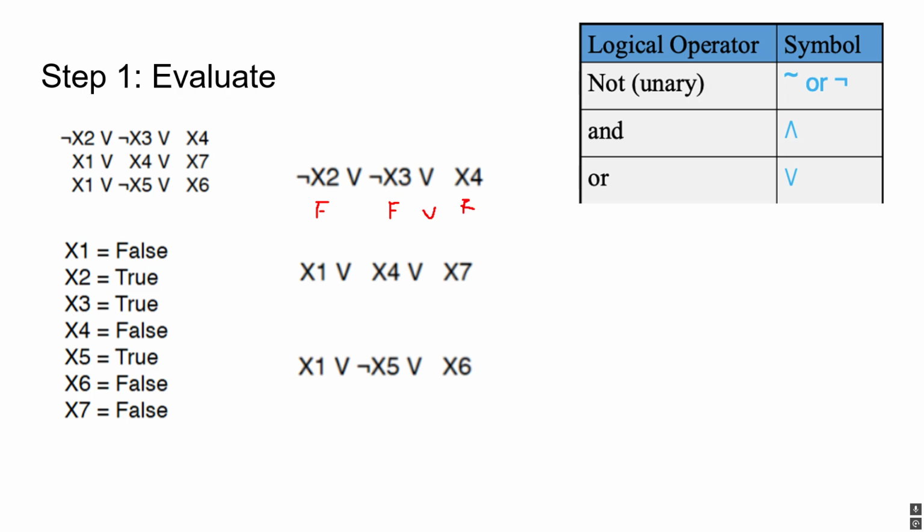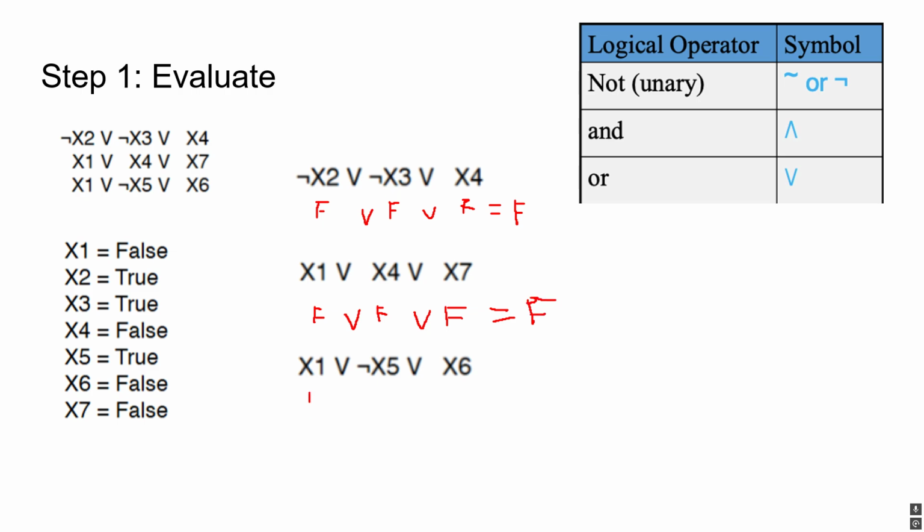So because of all this, this will become a false statement. Next is x1 or x4 or x7. x1 is false, x4 is false, and x7 is false, based off of the initial Boolean values that we were given. So because all of these are false, this is a false statement, or a false clause.